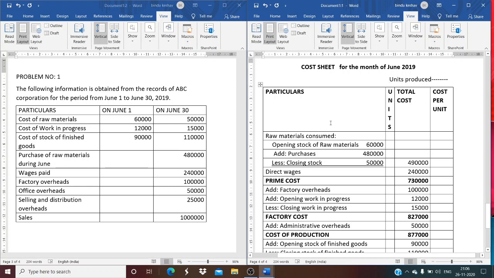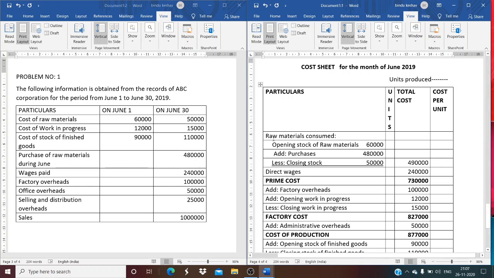Now, we have to find out the prime cost, then factory cost, the cost of production, then cost of goods sold, and the total cost. So we begin with the materials. Prime cost is the sum of direct materials, direct wages and direct expenses. So what is given regarding materials? We have opening stock of materials and closing stock of materials, as well as we have purchased materials during the month of June, 4,80,000.